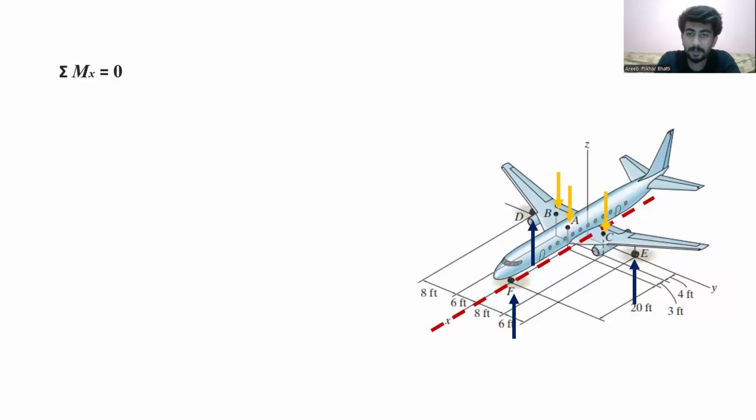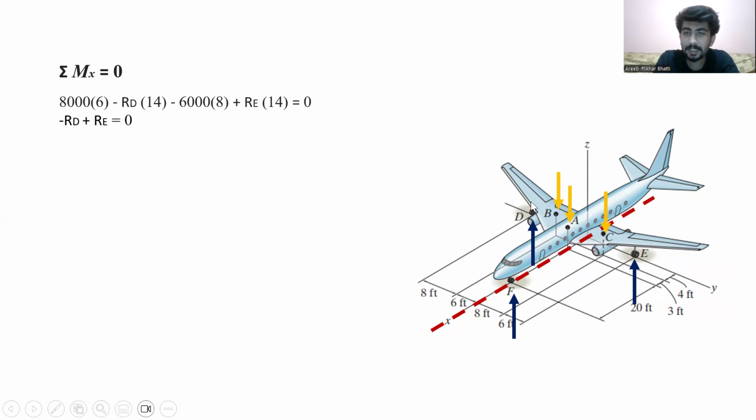So when we apply moment about the x-axis, we get 8,000 pounds, which is acting at point B, and it has a perpendicular distance of about 6 feet. And we have the reaction force acting at wheel E, which has a perpendicular distance of 14 feet.